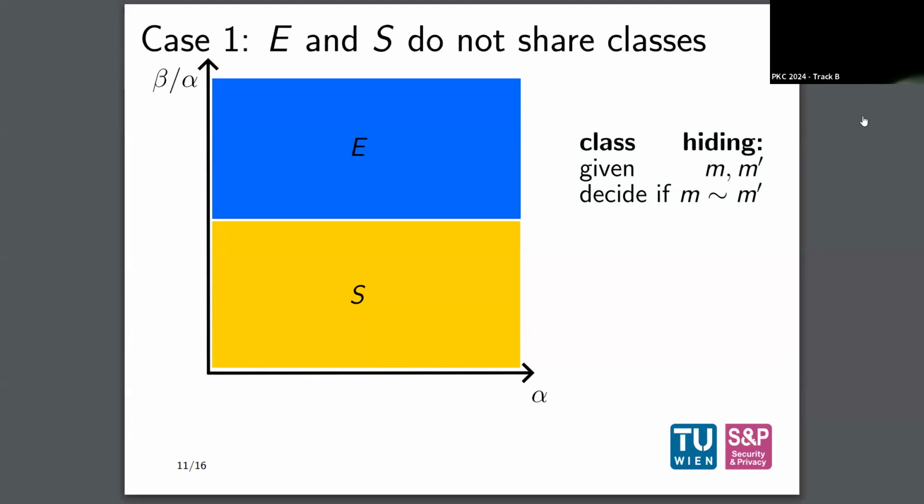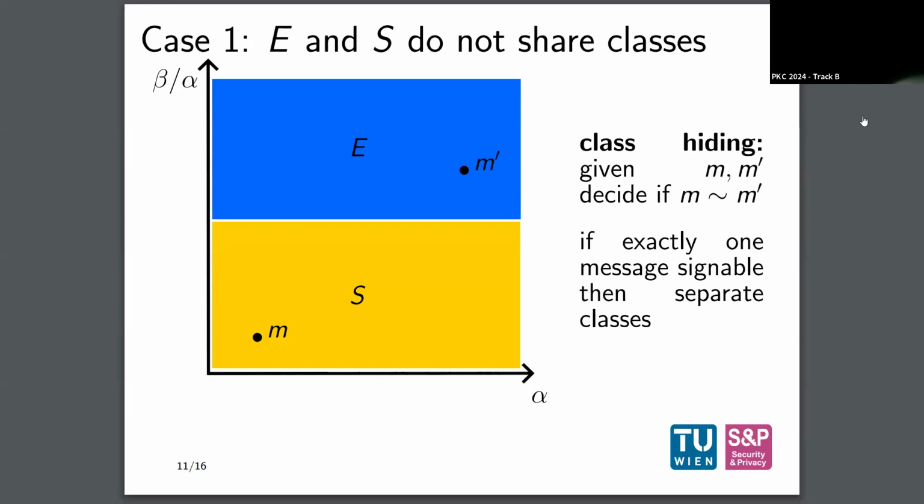We're given M and M prime, and we're trying to decide if they're in the same class or not. In this setting we can solve class hiding by asking for a signature on M, which for example falls in S, and then asking for a signature on M prime. If the reduction cannot sign it, then in this setting we can deduce that they can't be in the same class.